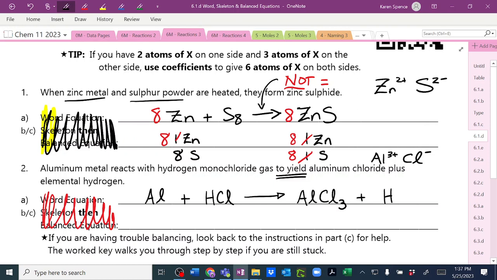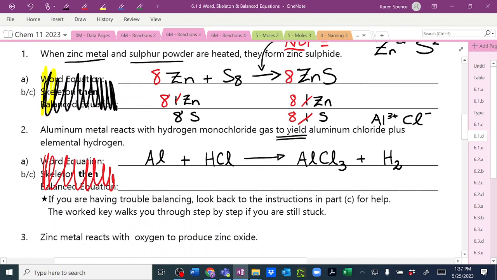No. What's wrong? Okay, we need to have an H2 because hydrogen is one of the diatomics. So we now have on the left-hand side, I didn't leave really enough room here, but that's okay. We have 1 aluminum, 1 hydrogen, and 1 chloride. We'll make it work that way.